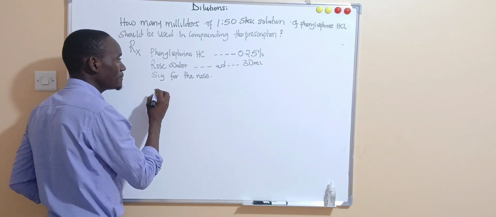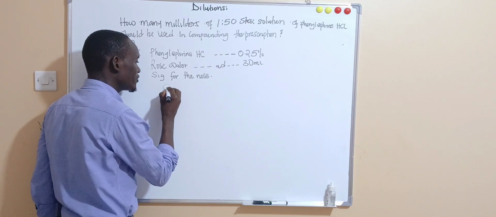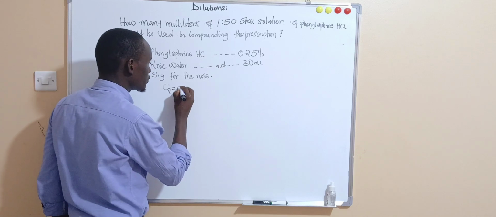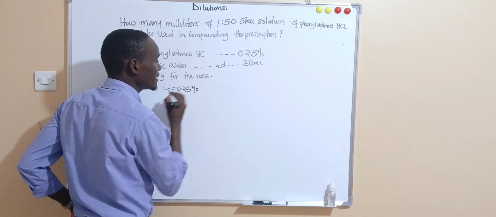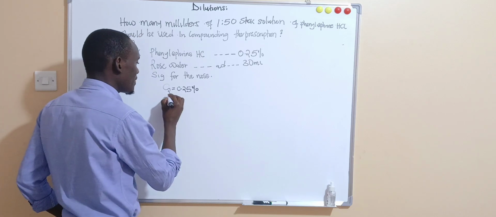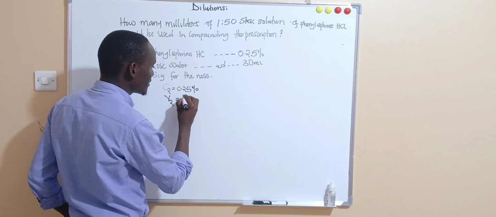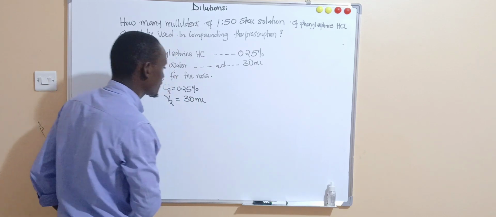Therefore, we shall say that C2 is equal to 0.25%, and our final volume V2 is given as 30 mils.